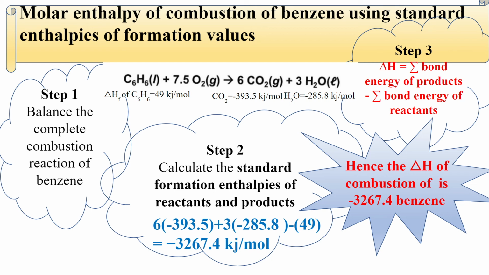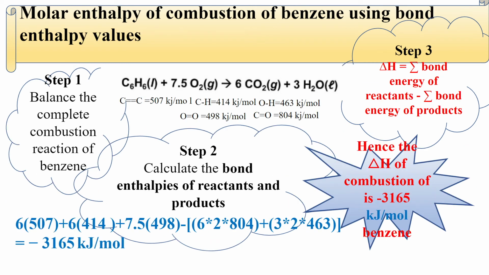3,267.4 kilojoules per mole. Molar enthalpy of combustion of benzene using bond enthalpy values. Again, step 1, we should balance the complete combustion reaction of benzene. Step 2, calculate the bond enthalpies of reactants and products using table 11.